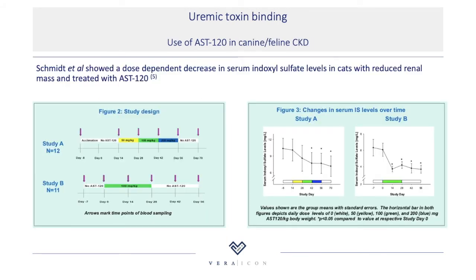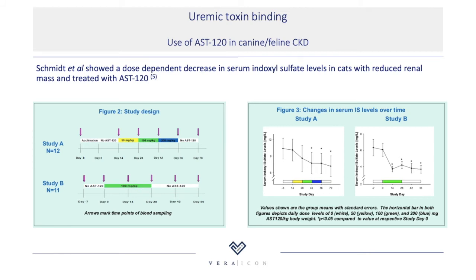So how is this in veterinary medicine? Okay, so now we know we can bind these uremic toxins. AST120 exists in human medicine. What do we know about the binding of uremic toxins in veterinary medicine?